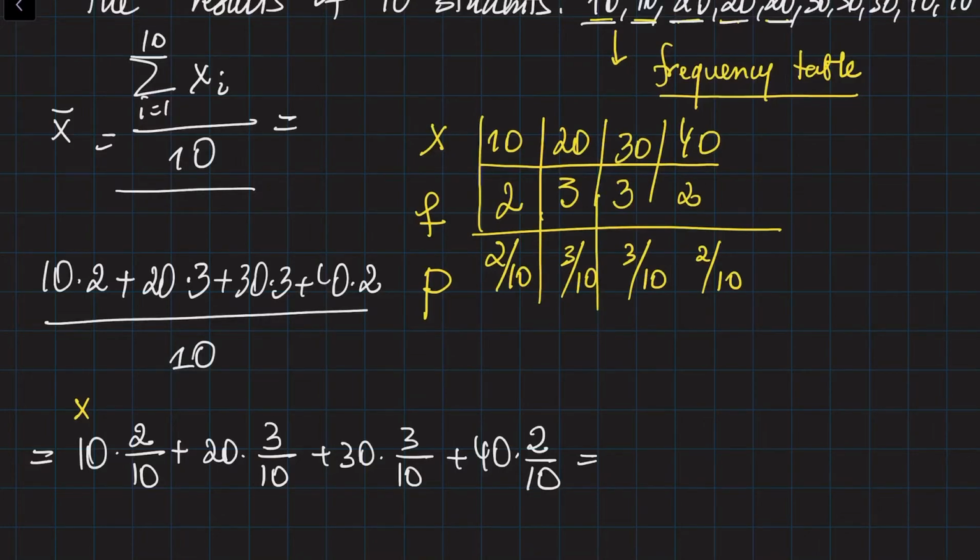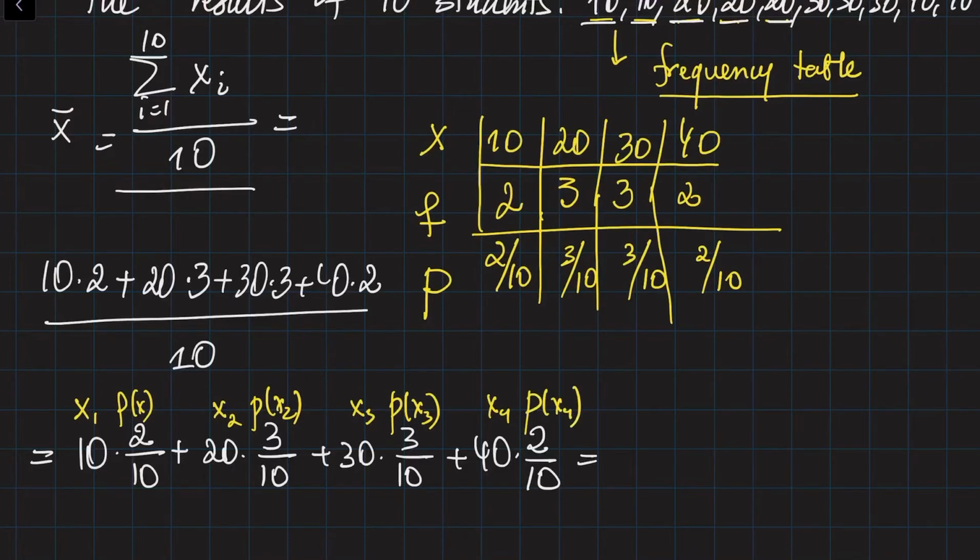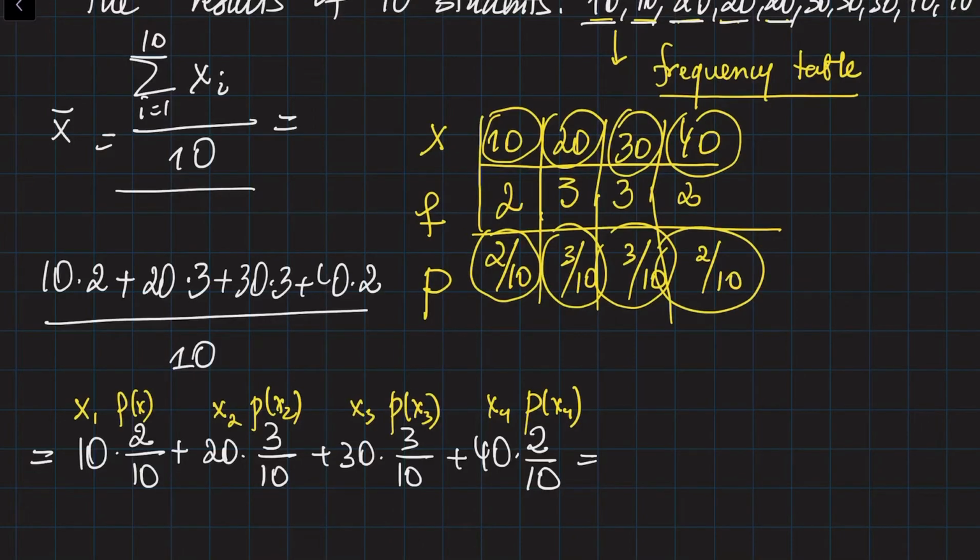So actually you are multiplying x1, let's say, x2 to its probability, x3 to its probability, and x4 to its probability. What we're doing is just multiplying the value to its probability, and then we're summing this.